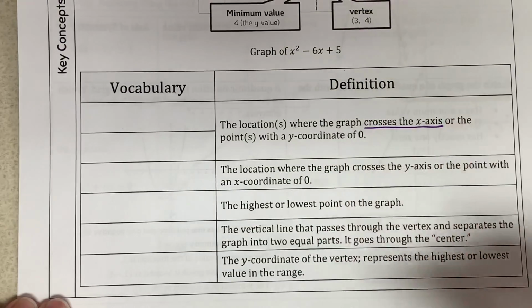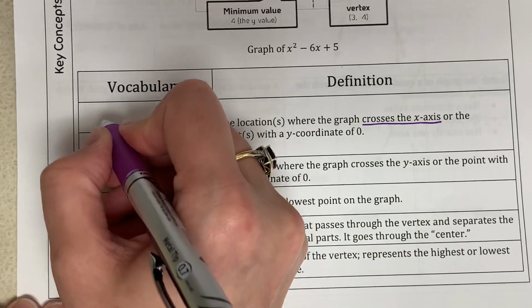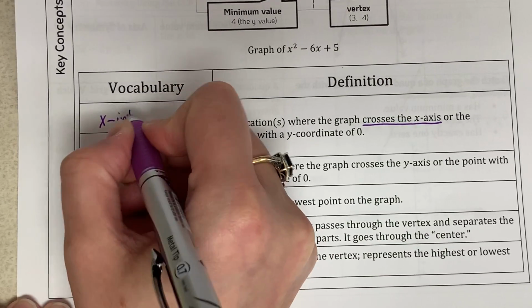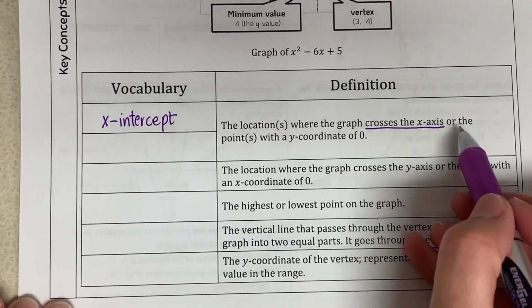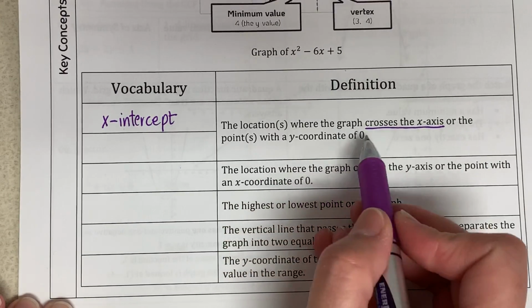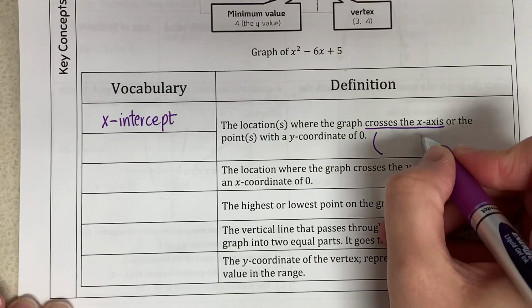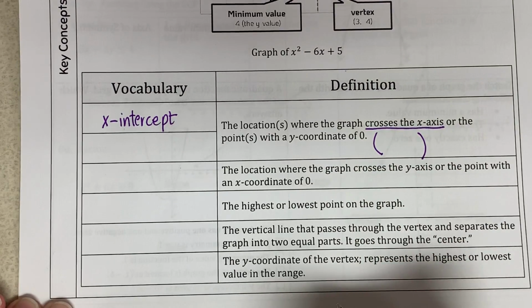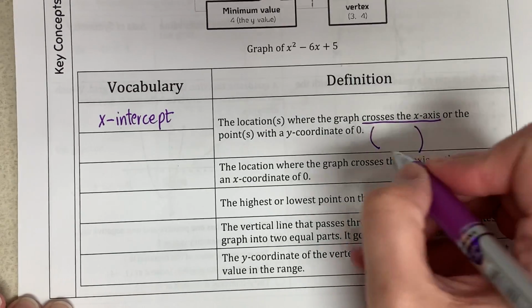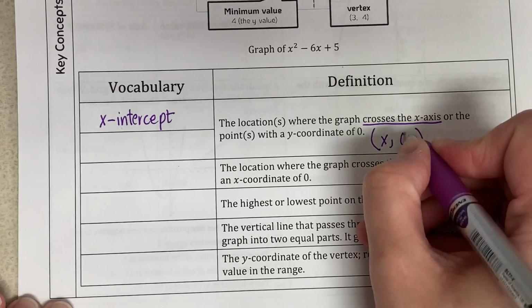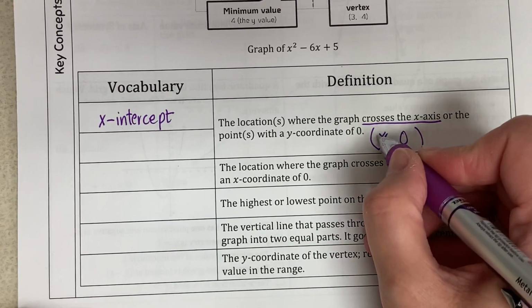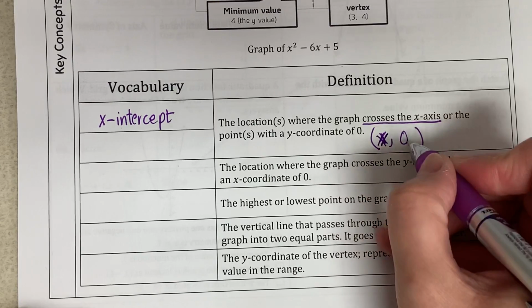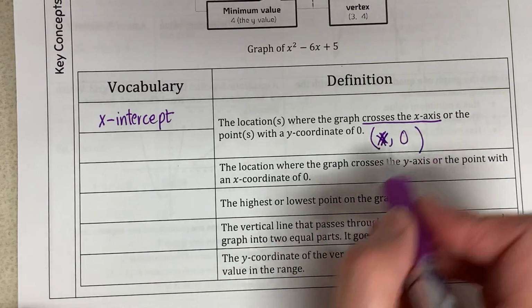If you're crossing the x-axis, it has to be the x-intercept, or the point where the y coordinate is 0. On the x-axis you will have a number for x, and then the y value will be 0, because that's how the x-intercept goes.